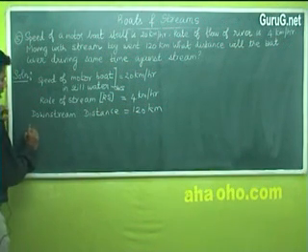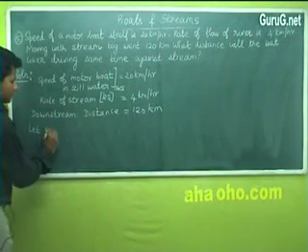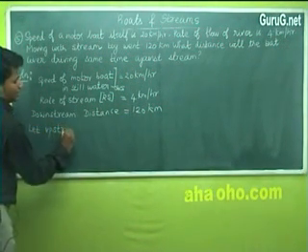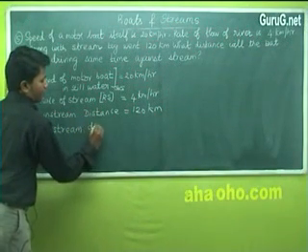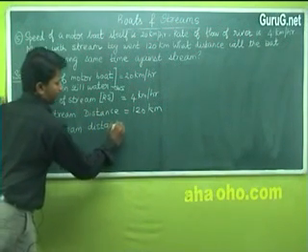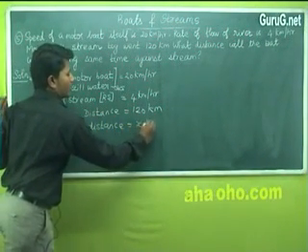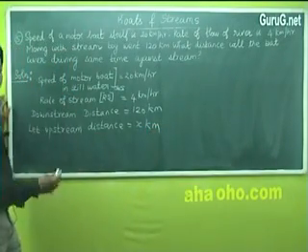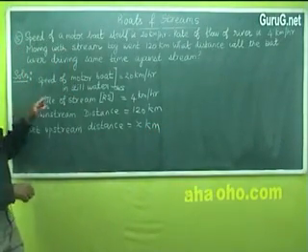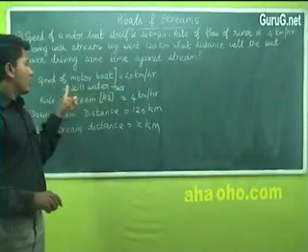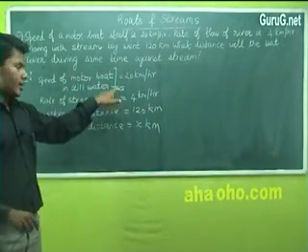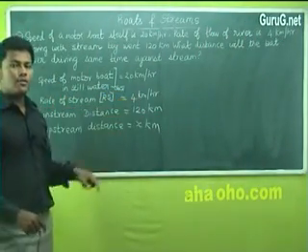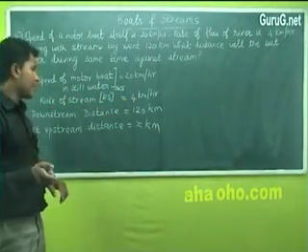So let upstream distance is equal to x kilometer. Time is constant in the same time. Now you have these two values, the still water speed and rate of the stream. Using these two values you can find the downstream speed and the upstream speed.